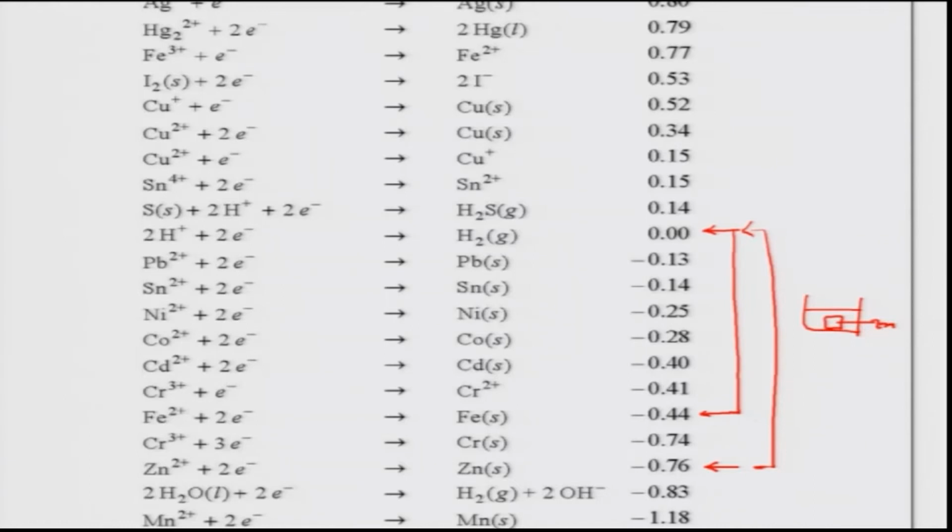Now, if you compare iron and zinc, iron is minus 0.44 and zinc is minus 0.76. So, if we have a couple between iron and zinc, iron has a higher reduction potential as compared to zinc. So, the possibility would be iron would stay back and zinc would dissolve.